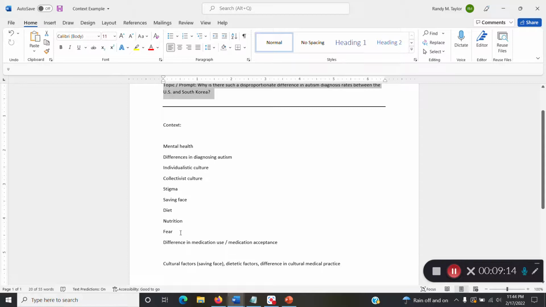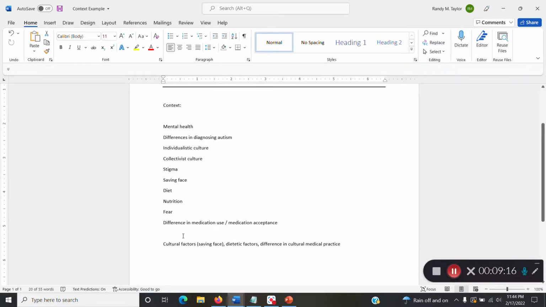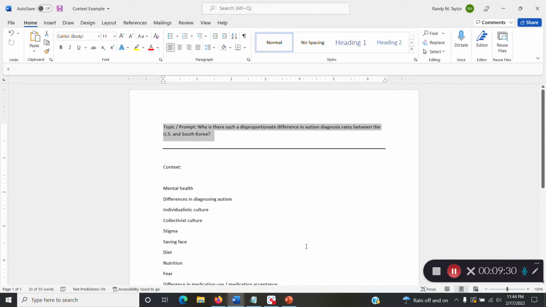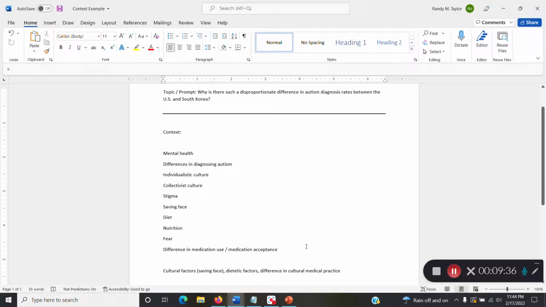What are the similar items in this list? How can you group this list into 3 different groups, or into different groups that you can then write about to keep everything united and consistent? So that's the idea. I know this is a very rough, basic example, but it's just to show you how to do this on paper.